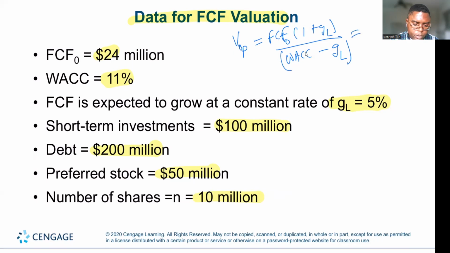The free cash flow right now is 24 million. 1 plus the growth rate is 1.05, divided by WACC, which is given as 11%, minus 0.05. So if we do that, we are going to get 420. All right, so the next slide, we substitute all of that, and just as we have seen, we have $420.